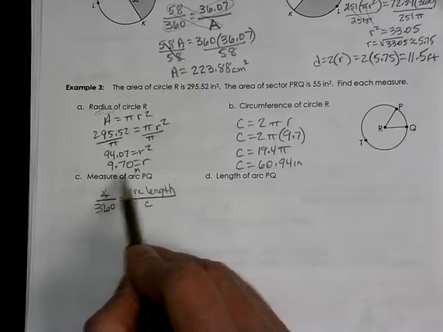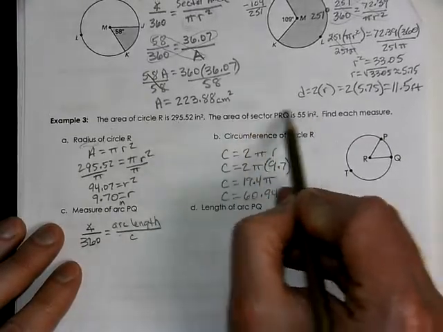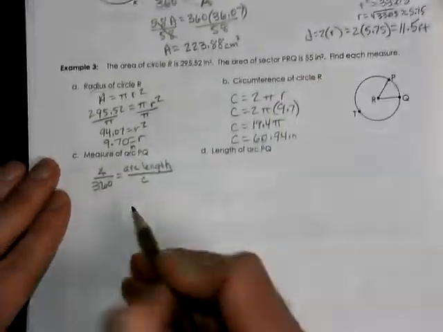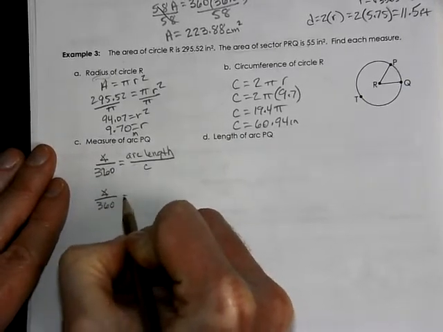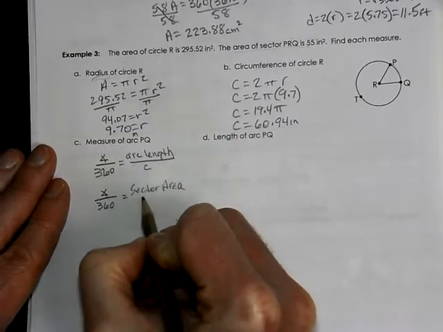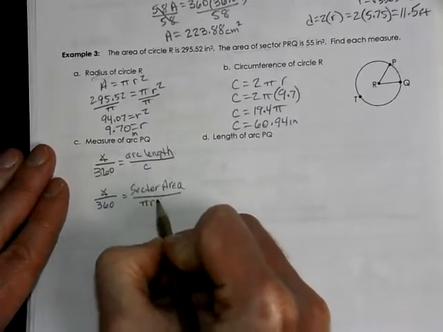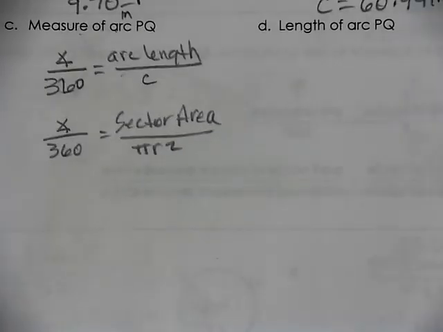So an arc measure is an angle, but the information they give us is the sector area. So we're actually going to have to use this formula that helps us calculate the sector area.